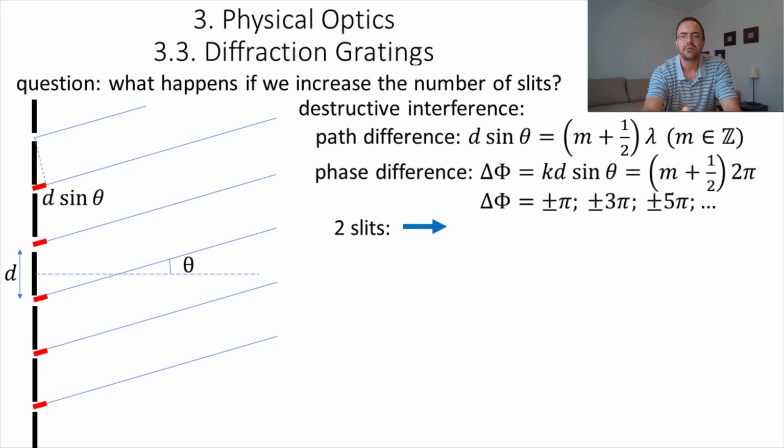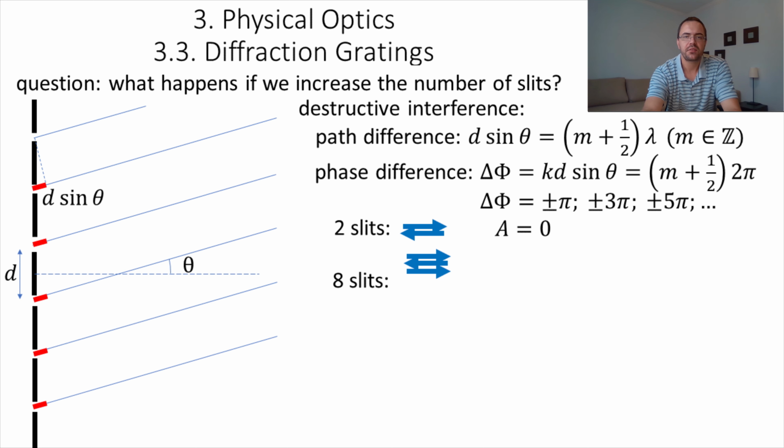With phasors, if you have two slits, the second one will be rotated by plus or minus pi compared to the first one. In this graph here, I shift the phasors a little bit down so that you can see them, but really they're on top of each other, and we come back to the same position as where we started, and so the amplitude will be 0.